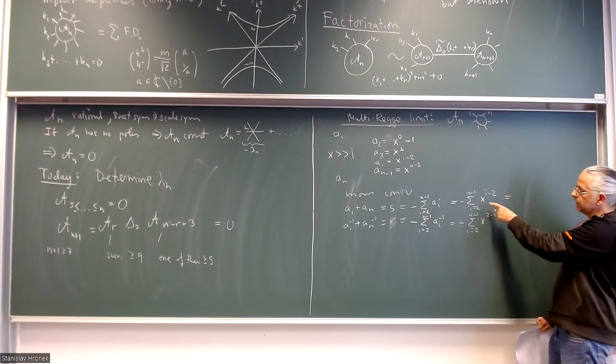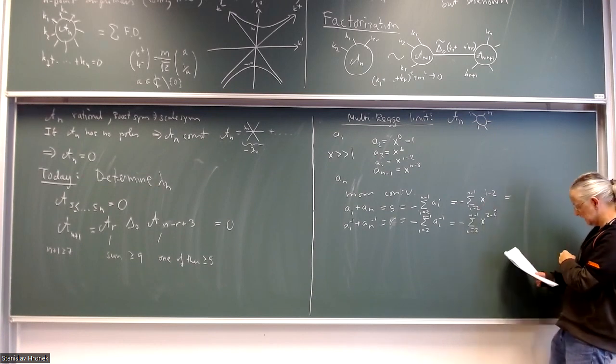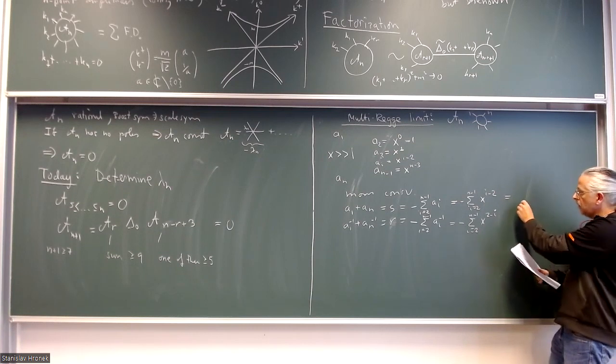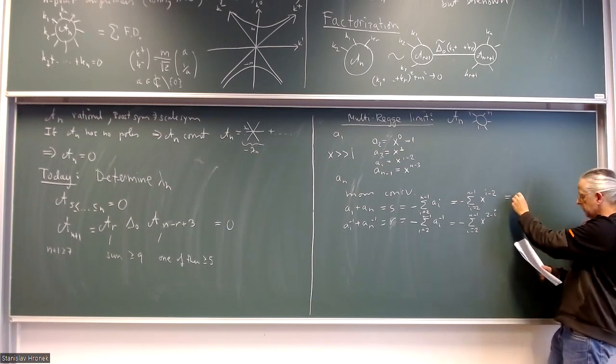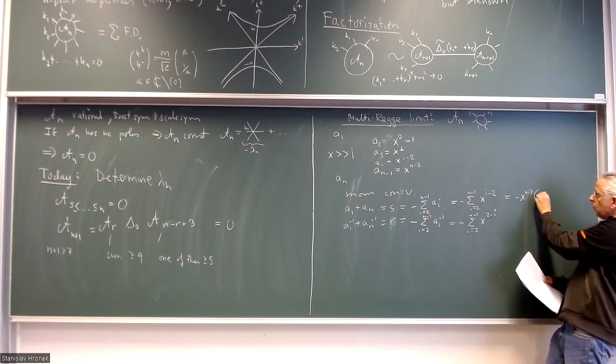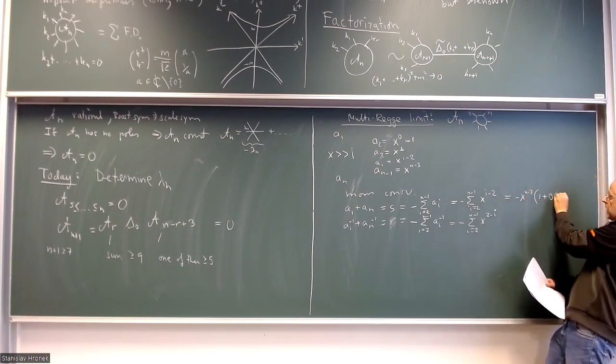And then of course from here I get that this is going to be minus x to the n minus 3 times 1 plus order x to the minus 1.